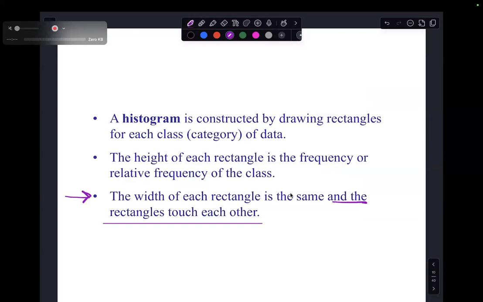Now, when you do it in Excel, there's going to be a slight space between them, and you can make it so there's no space between them, but you'll see it's just kind of a line that separates. But this is the biggest difference right here. Your rectangles need to touch each other, and I'm going to show you how to do that in Excel. I'm not going to ask you to draw a histogram on your own on paper.